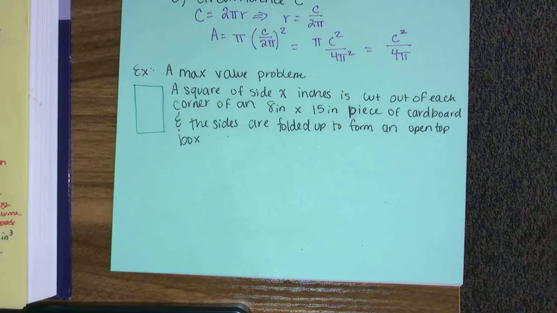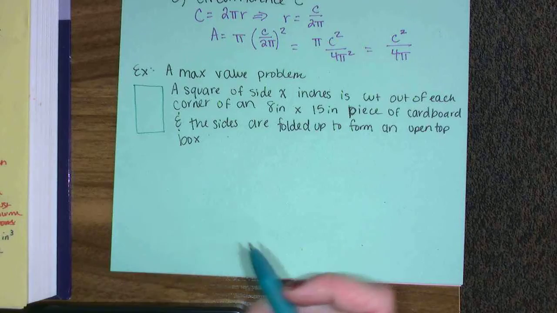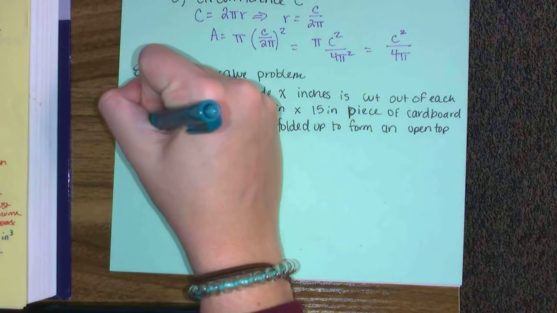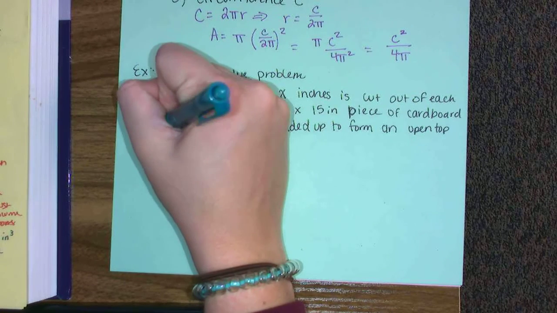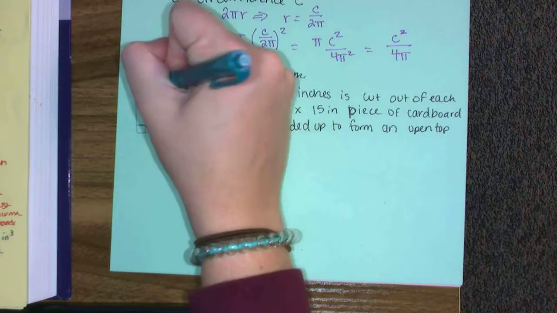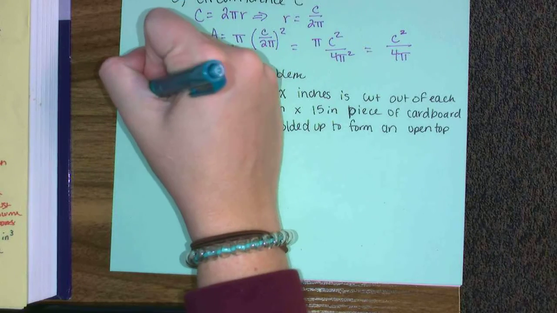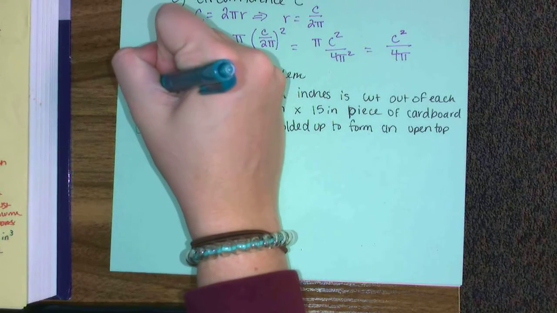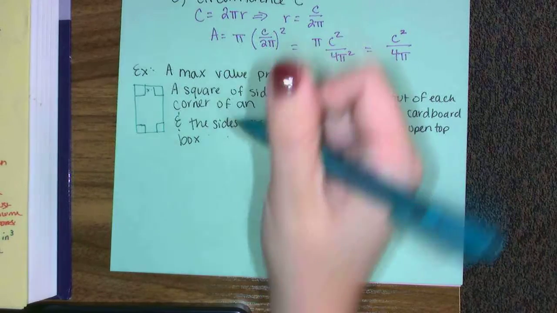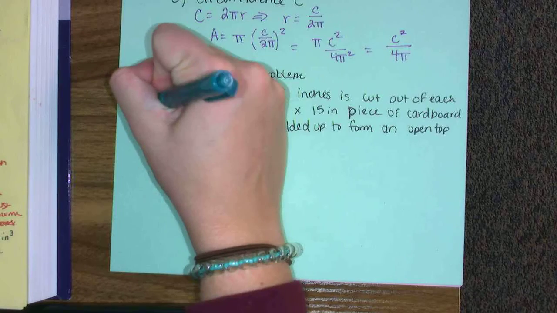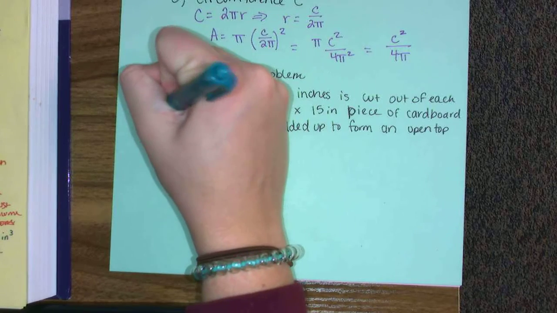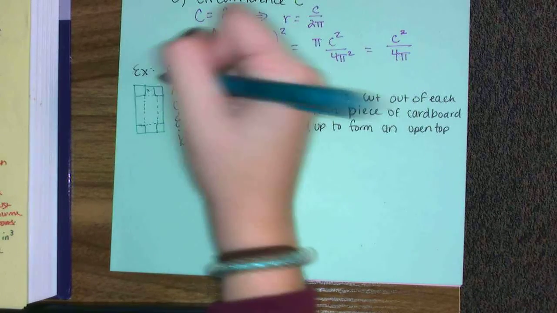Okay, it says that there is a square of side x inches cut out of each corner. So basically we're cutting all this out here. Okay, and this is side x. Okay, all of those are x. Okay, and then basically it'll fold up then to form a box.